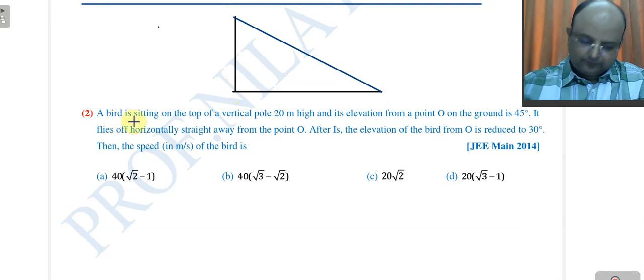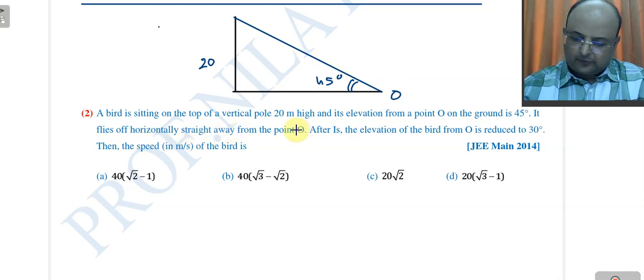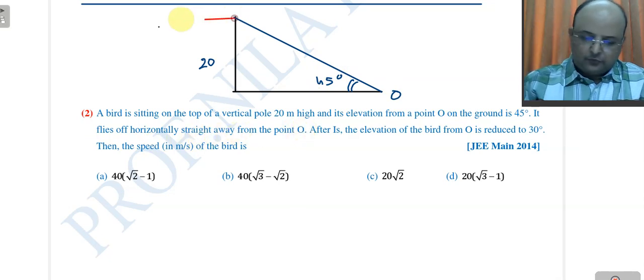A bird sitting on the top of a vertical pole is 20 meter high. So this is 20 meter. And its elevation from point O is 45 degree. Okay, this is 45 degree. Reading ahead, it flies off horizontally straight away from point O. Okay, it goes like this.